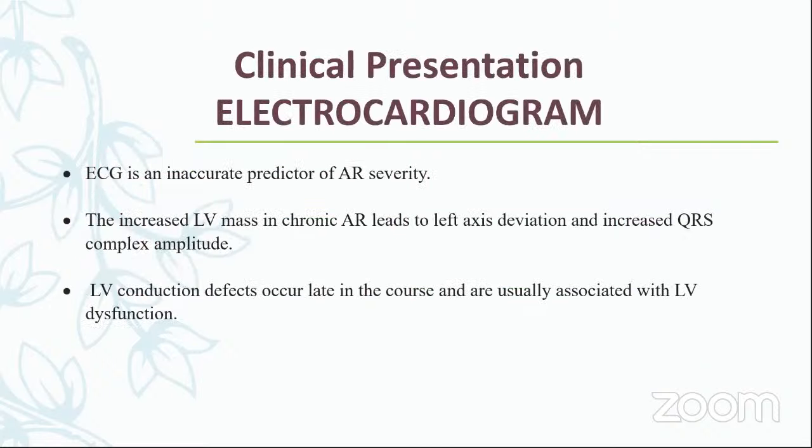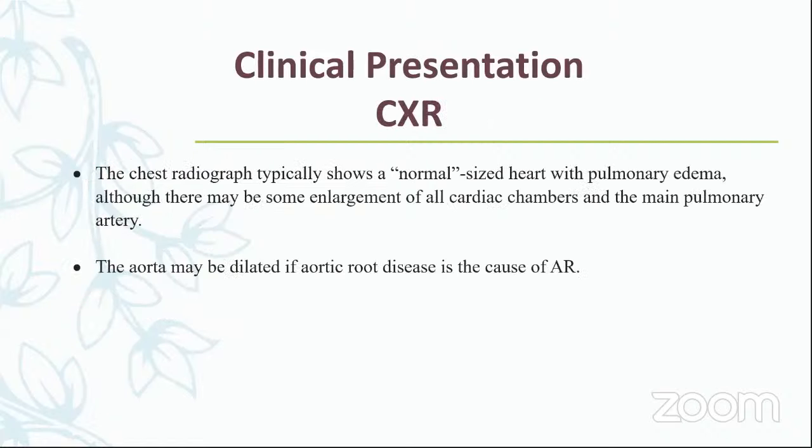The ECG is not an accurate predictor of aortic regurgitation severity, but sometimes we can see ECG changes due to LVH, and sometimes an LV conduction defect occurs late in the course and is usually associated with LV dysfunction. Chest X-ray is usually normal, and if there is an aortic disease, the aorta is dilated in cases of acute AR.